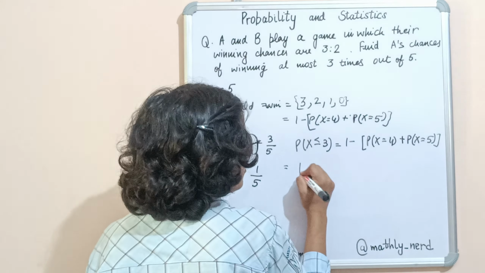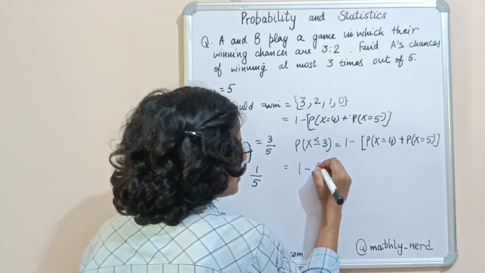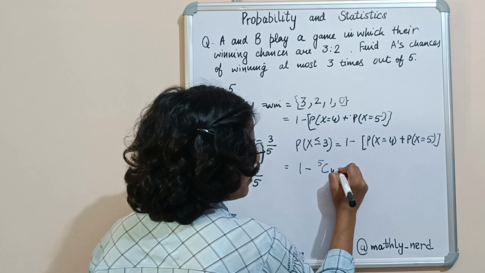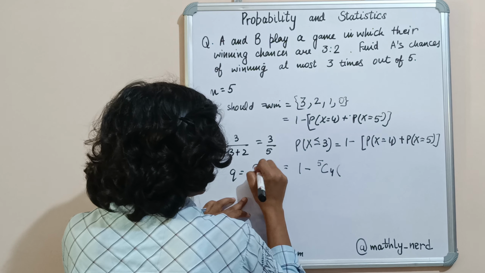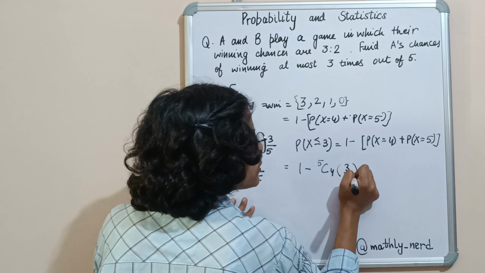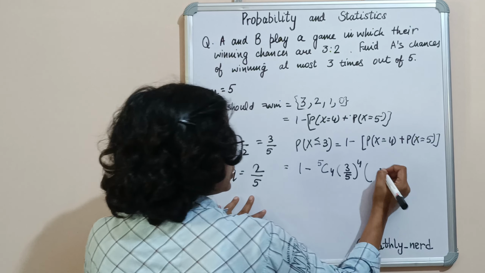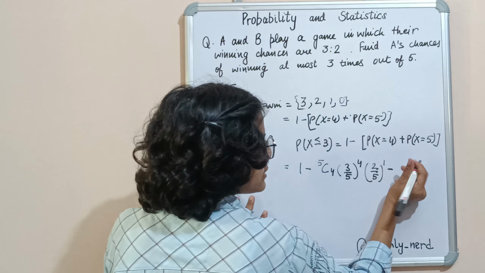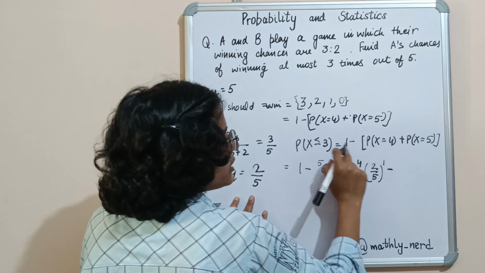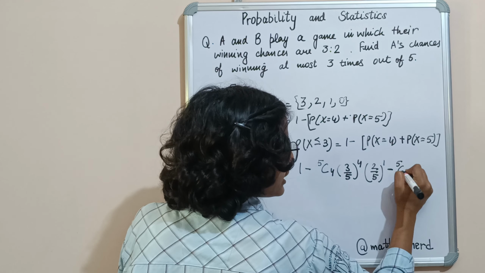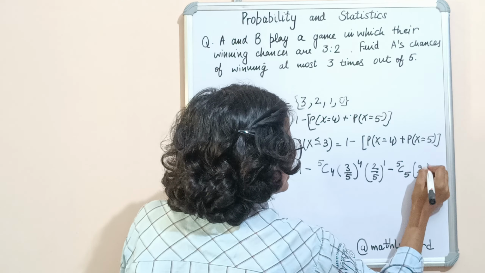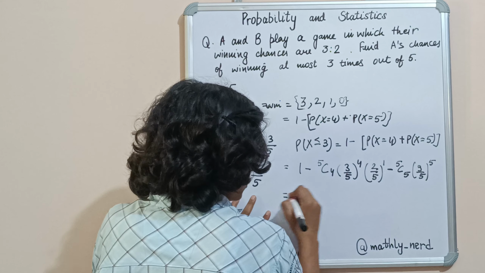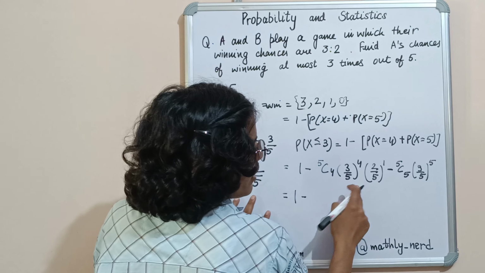This will be 1 minus 5C4, where total number of trials is 5, x equals 4, and p is (3 by 5) raised to the power 4, and q is (2 by 5) raised to the power 1, minus, if we open this bracket then this plus will be changed into minus, 5C5 (3 by 5) raised to the power 5 and (2 by 5) raised to the power 0, that will be 1. So 1 minus (3 by 5).